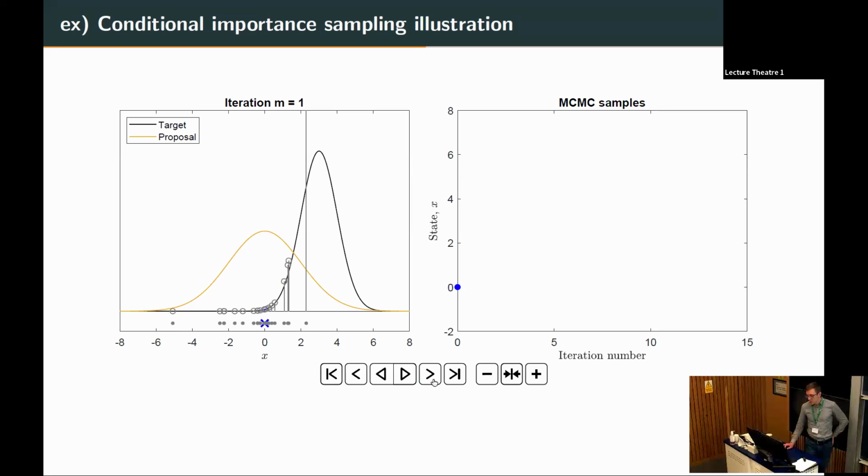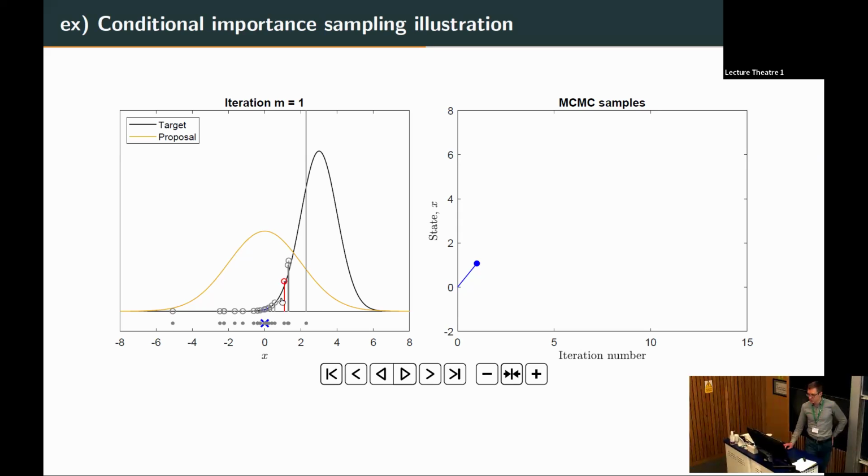I compute some importance weights for these generated samples, and the importance weights are the ratio between the target, which is the black curve, and the proposal. Based on those weighted particles, I select one of them randomly with probabilities given by the importance weights, so the height of these bars. And this will now be the output from the kernel.